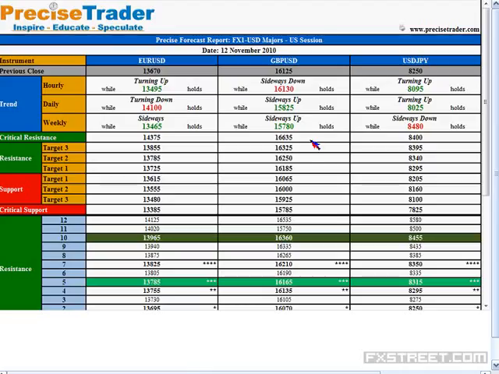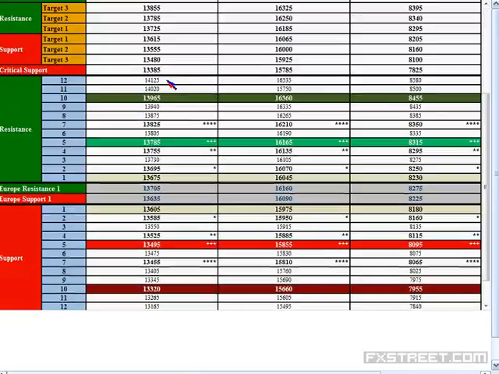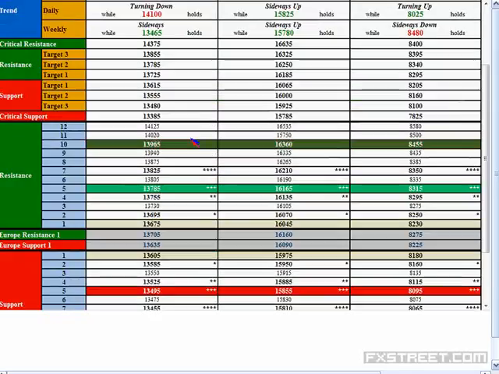Give me a minute. So I believe you can see the screen. Yeah. So this is the US session update, and our report is quite unique. Basically, how we use the report is, this has just trend directions and a set of numbers, and try not to panic because you see levels.